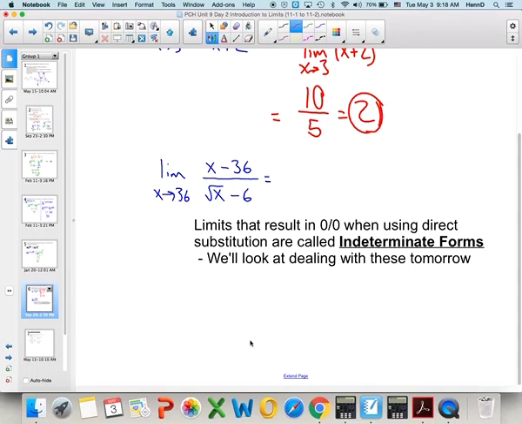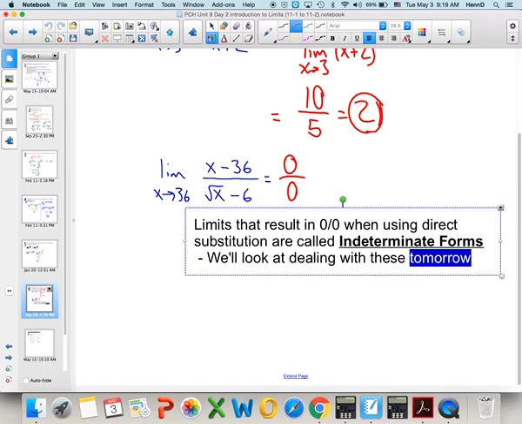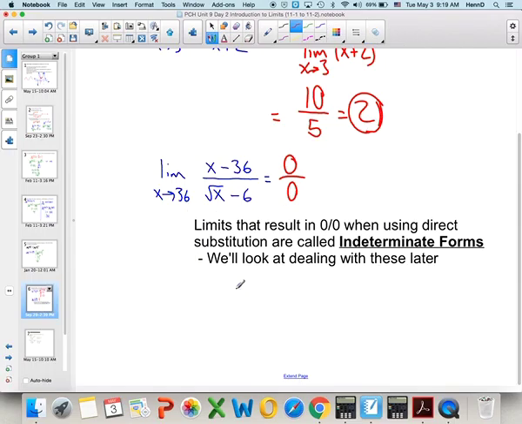If we tried this one by direct substitution, square root of 36 is 6, 6 minus 6 is 0. In fact, this whole thing would be 0 over 0. Okay? And this actually won't be tomorrow, this will be in a couple days.